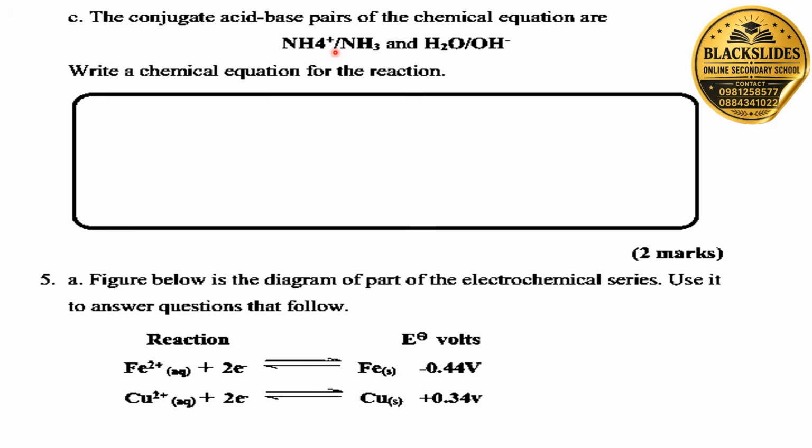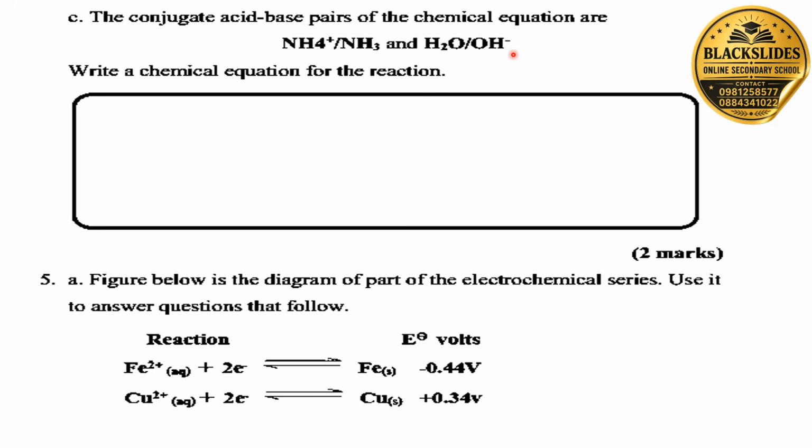All right. Remember that conjugate acid-base pairs only differ by one hydrogen. Like this pair here differs by just one hydrogen. Ammonium has more hydrogen compared to ammonia. And the water has more hydrogen compared to the hydroxide ion. So our equation must show that water is donating its hydrogen ion or proton to ammonia to form ammonium and hydroxide ion.